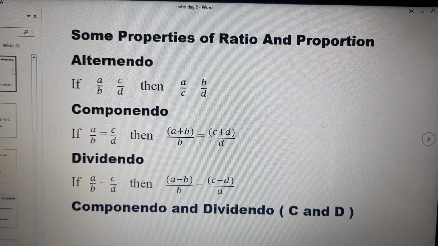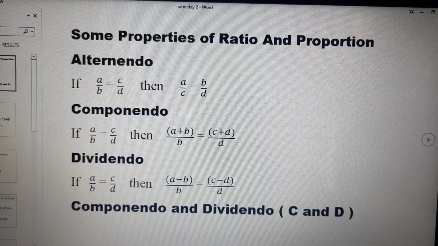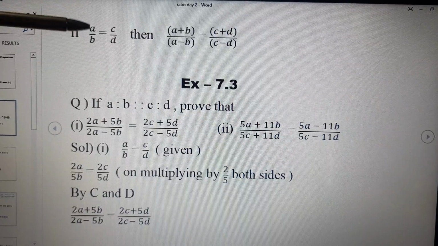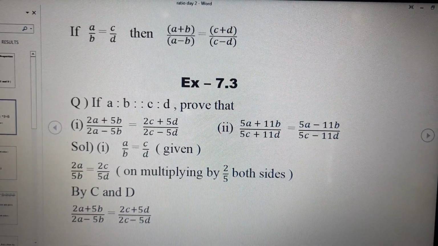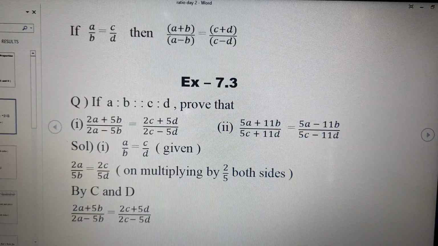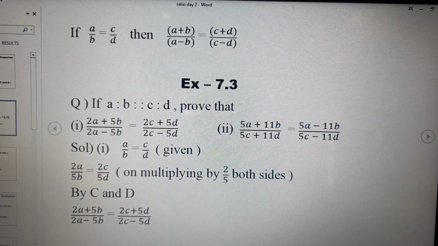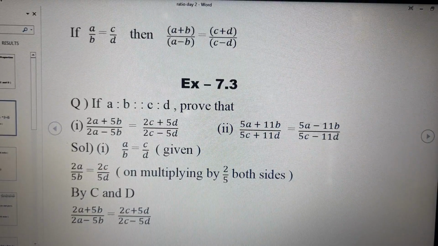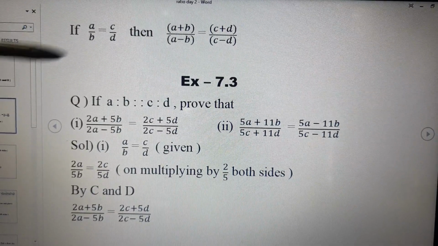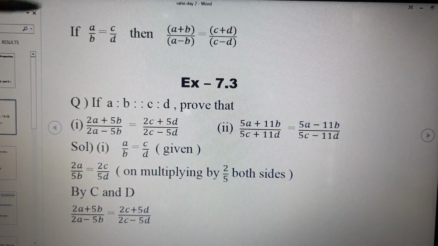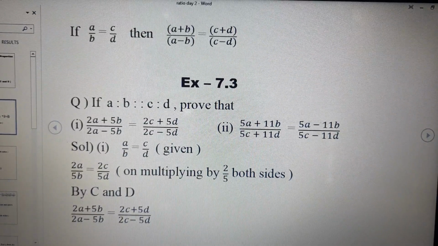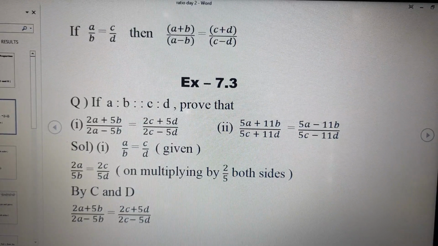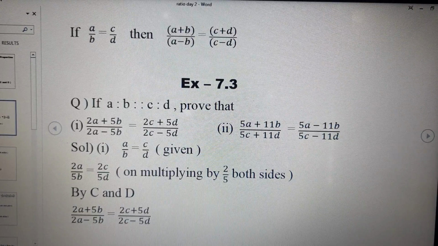And the combination is known as componendo and dividendo, which is: if A upon B is equal to C upon D, then A plus B divided by A minus B is equal to C plus D divided by C minus D. It means numerator plus denominator divided by numerator minus denominator of one side is equal to the other side's numerator plus denominator divided by numerator minus denominator.